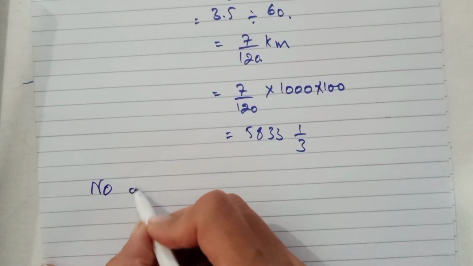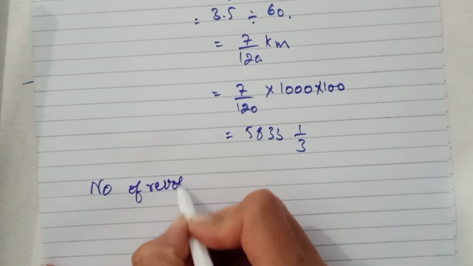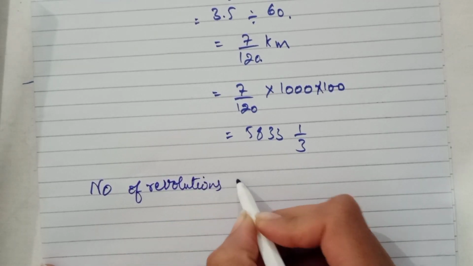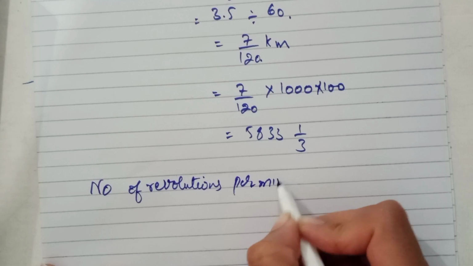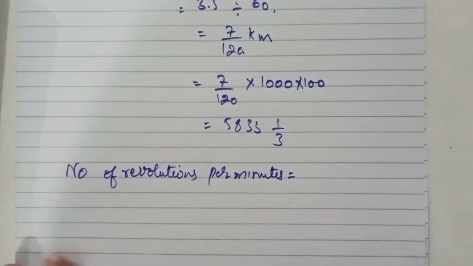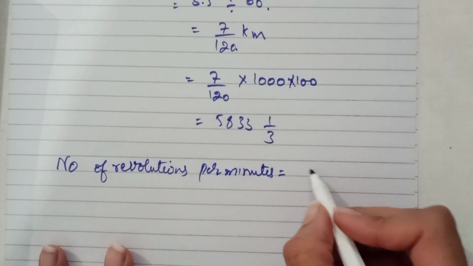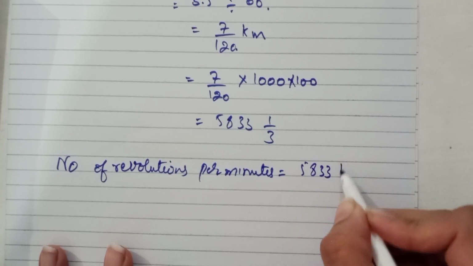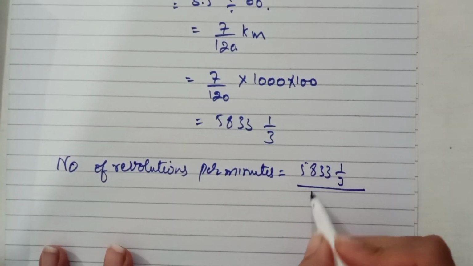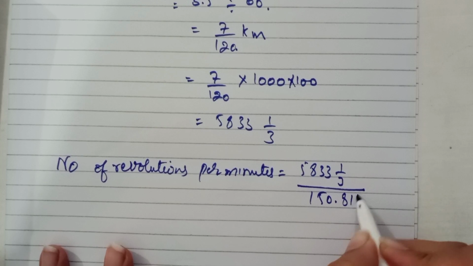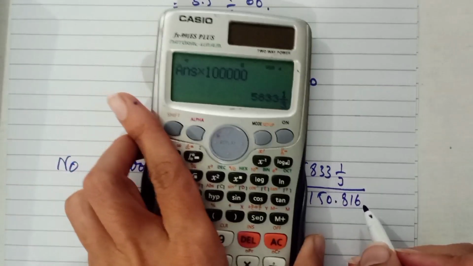Now the number of revolutions per minute will be equal to, we have to divide 8533 1 by 3 by 150.816.